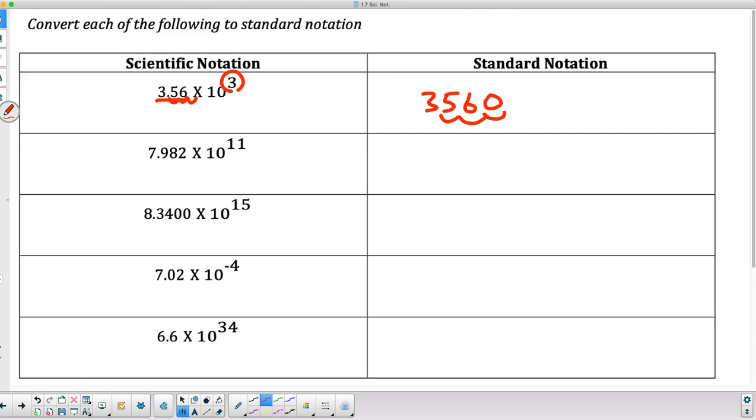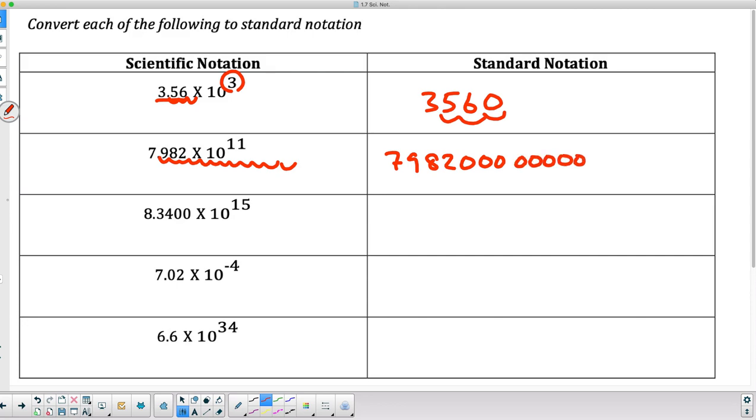I do the same thing with the next one. I'll skip down to number 2, so I go 1, 2, 3, 4, 5, 6, 7, 8, 9, 10, 11. So that's 7, 9, 8, 2, and then 8 zeros, so I got 1, 2, 3, 4, 5, 6, 7, 8.